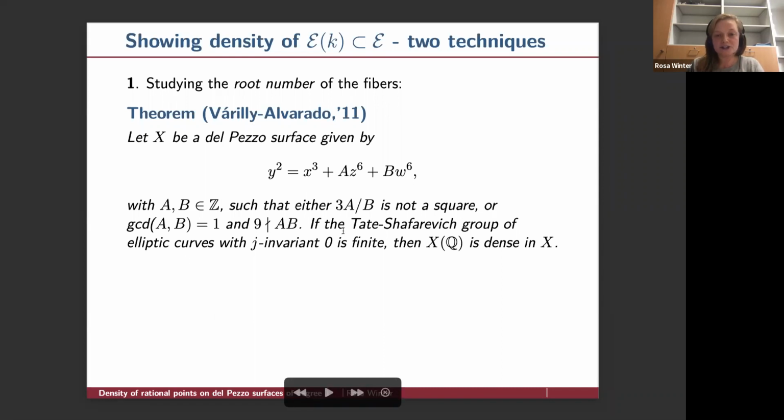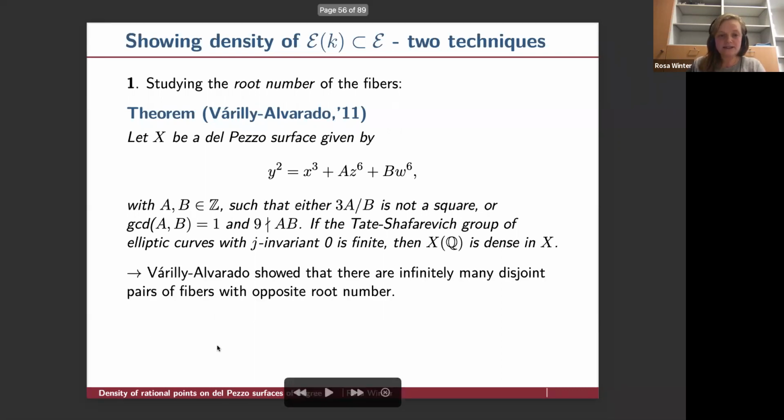Under a condition that the Tate-Shafarevich group of elliptic curves with j-invariant 0 is finite, he shows that the Q-rational points are dense in the surface. He did this by studying the root numbers of the fibers, and he showed that there's infinitely many disjoint pairs of fibers with opposite root number.